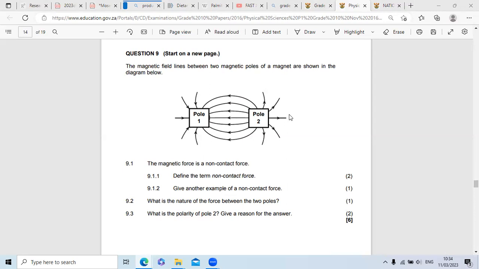Then they state that the magnetic force is a non-contact force, which is true because the magnets don't have to be touching in order to experience the magnetic field force. So they say, can you determine? Oh, I just gave you the answer. Can you define the term non-contact force?